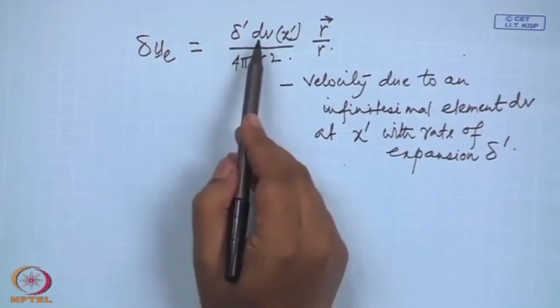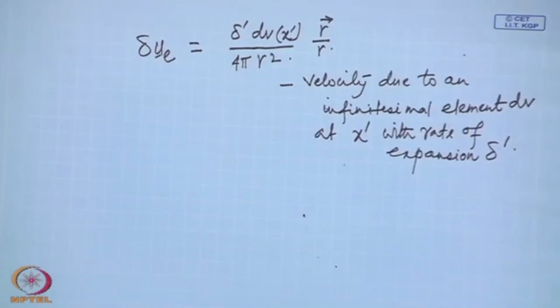So, this can be thought of as a volume source placed within that volume dV prime, and the complete rate of expansion also can be thought of as the sum of an infinite number of volume sources located at each and every point with rate of expansion delta prime.